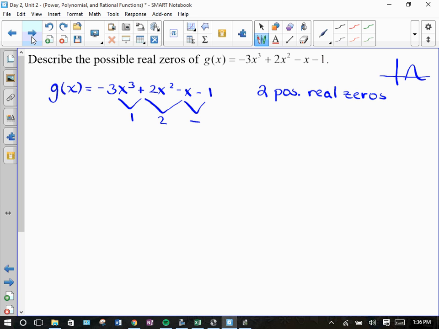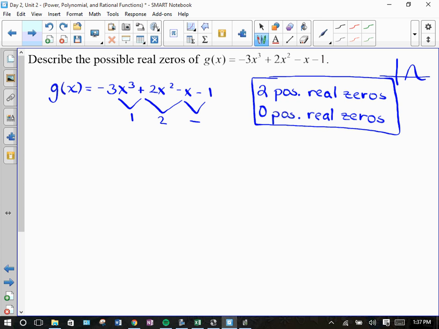So this function could have 2 positive real zeros, or an even number less than that, which would be 2 minus 2, which would be 0 positive real zeros. Okay? So this is a possibility.